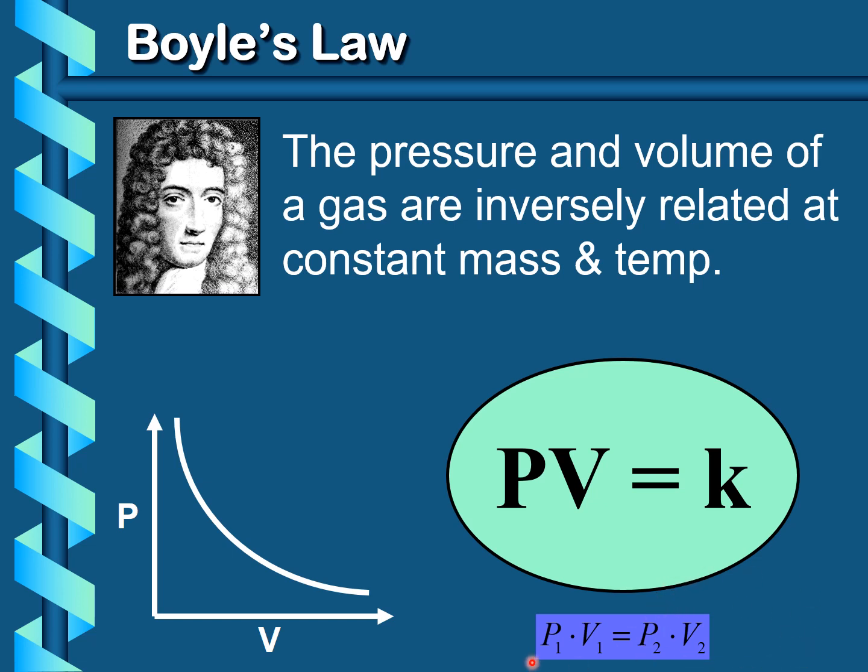This will give us the equation of Boyle's law, which is P1 multiplied by V1 equal to P2 multiplied by V2, or the product of the pressure and volume at initial condition, denoted by the number 1, is equal to the product of the pressure and volume of the gas at its final condition.